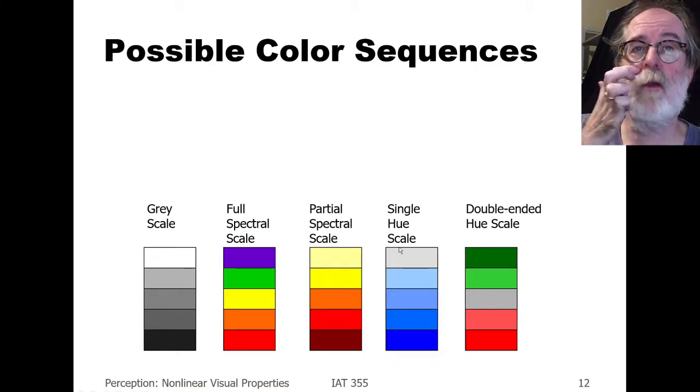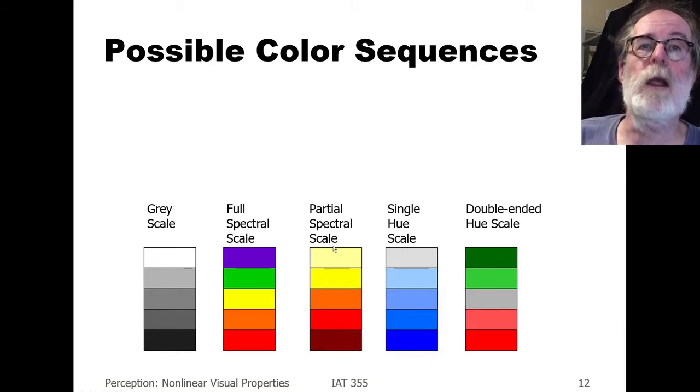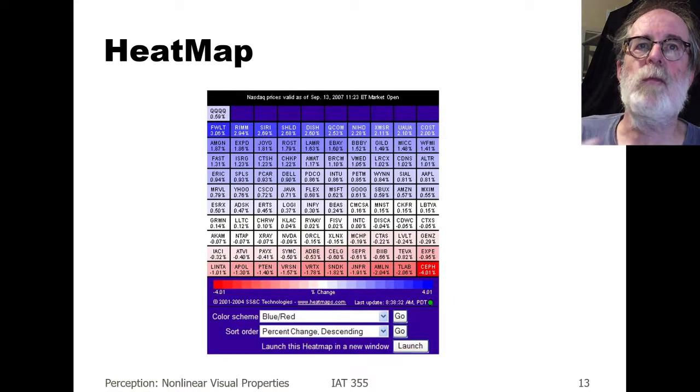So one of the things you can do instead is pick a family of hues and vary the lightness. Or if you need a double-ended scale, pick two colors and vary the lightness and saturation.